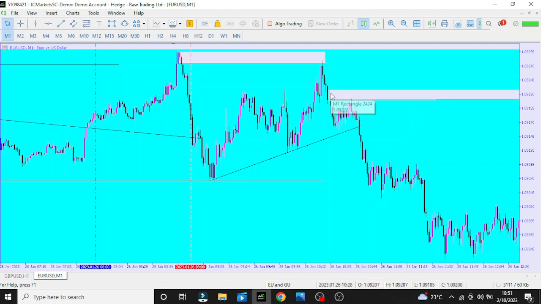So after the price broke to the downside, you see this supply zone was left unmitigated. So I didn't see any reason for the price to go above this area. So I took my entry.